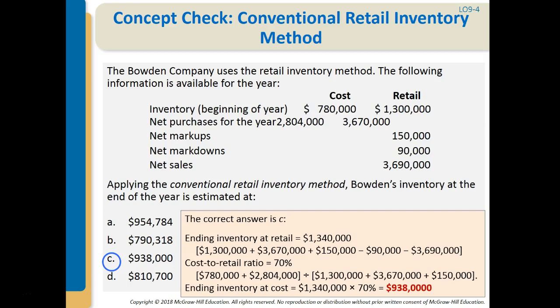The cost to retail percent is going to be the $780,000 plus the $2,804,000 purchases, divided by the retail beginning inventory plus purchases plus the markups. Therefore, our inventory at cost is the $1,340,000 times the 70%, or $938,000.